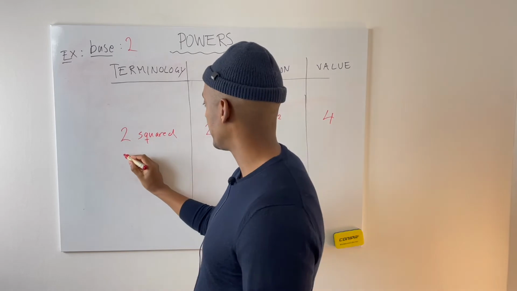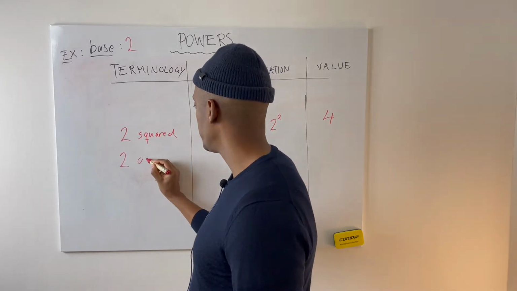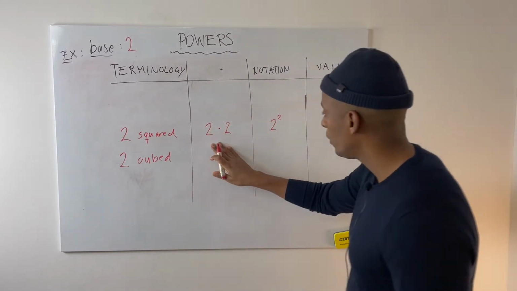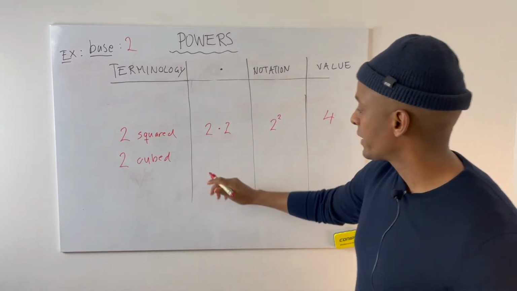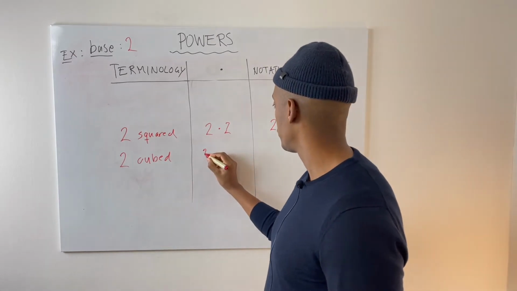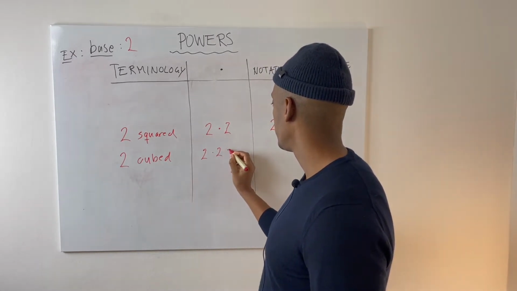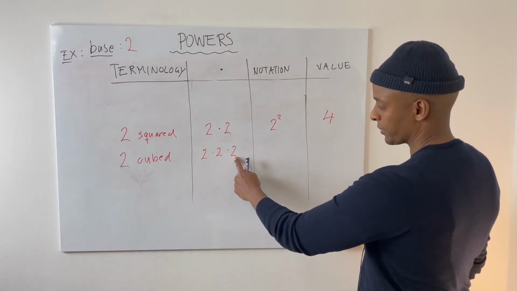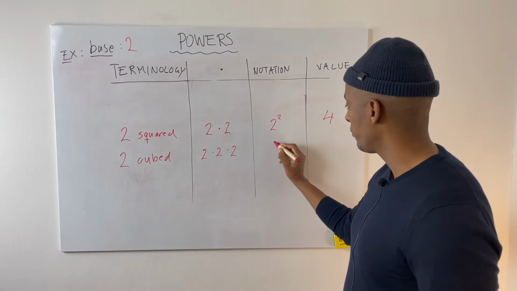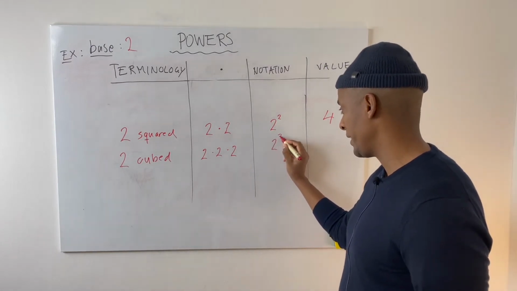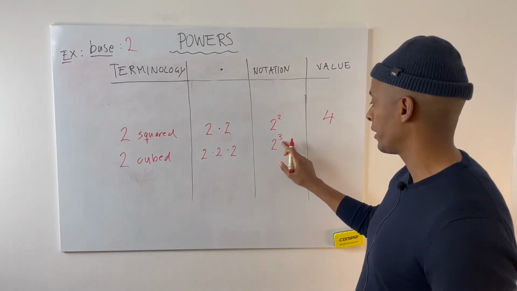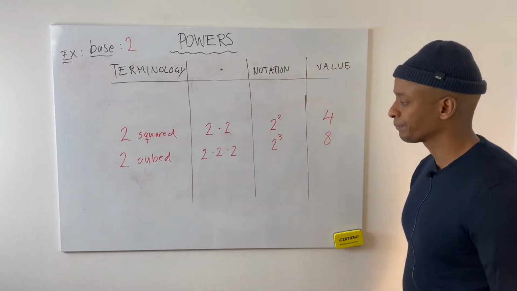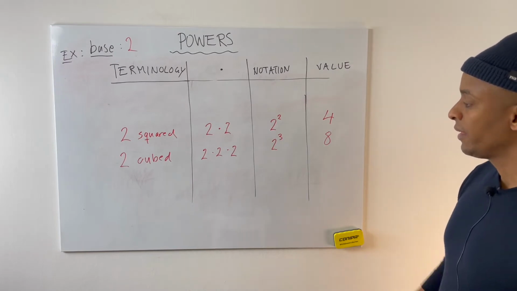And then we said that 2 cubed is taking 2 and multiplying it with itself 3 times. So it's 2 times 2 times 2. So it's 1, 2, 3 times. Then we write 2 to the power of 3 because we multiply 2 with itself 3 times. And that's equal to 8 in this case. Then we can just keep going.